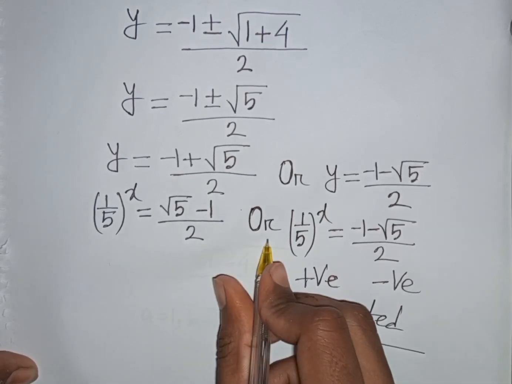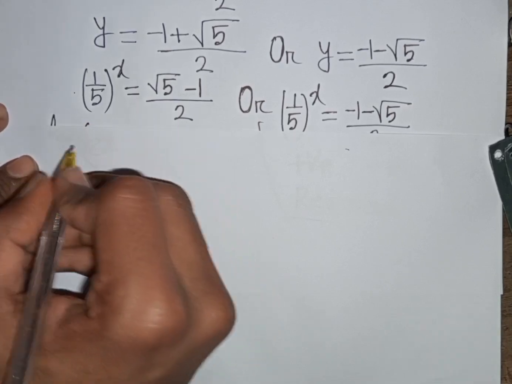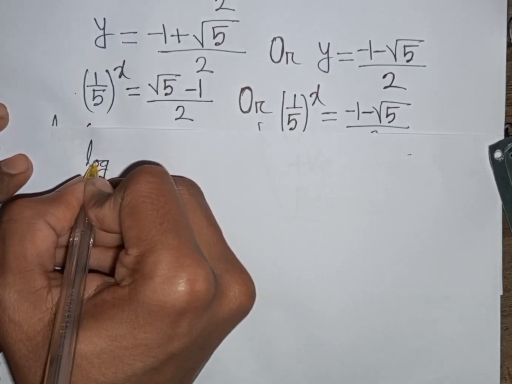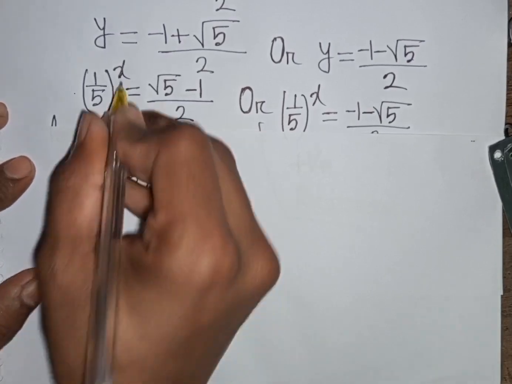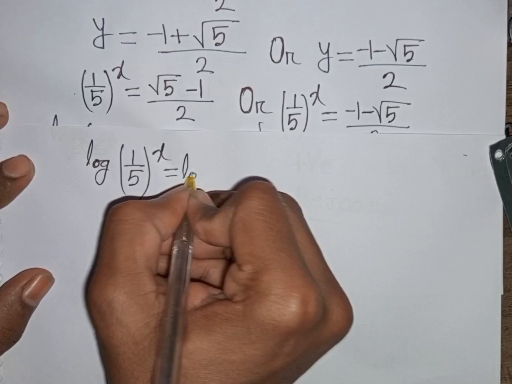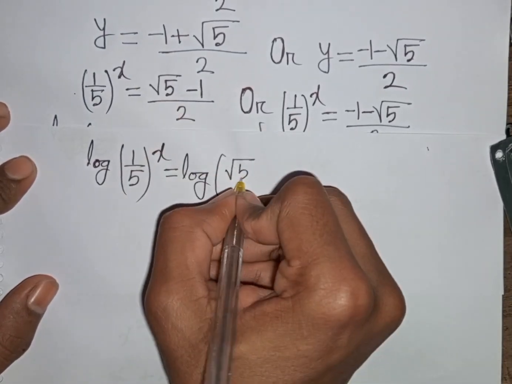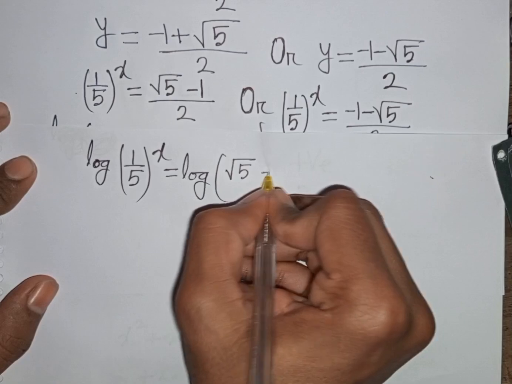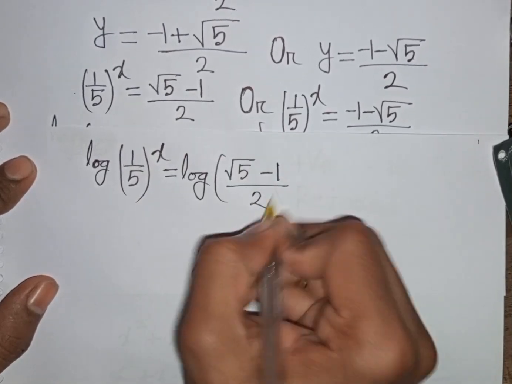Now, from here we take log on both sides. So you can write here log of (1/5)^x is equal to log of (square root of 5 minus 1) divided by 2.